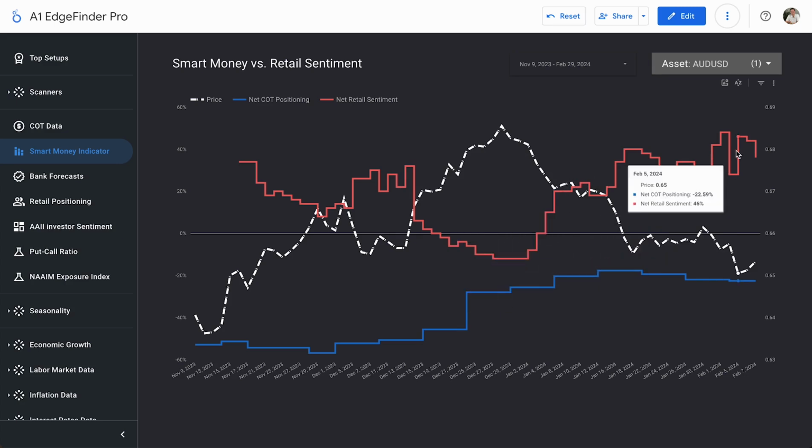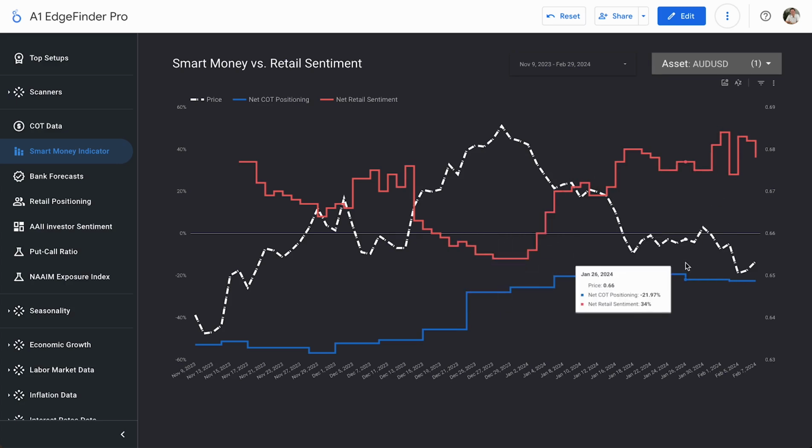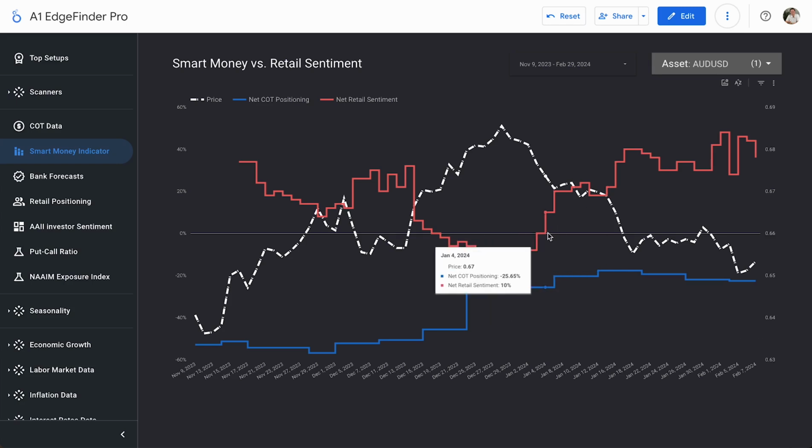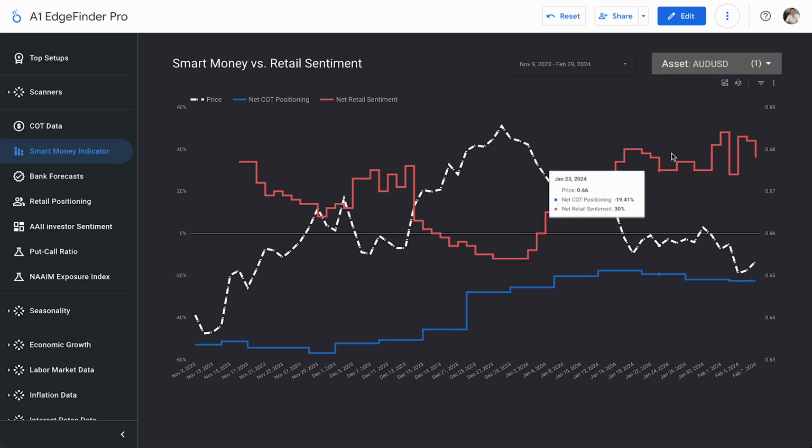The reason that we like to compare what retail and COT is doing is because smart money traders usually know what they're doing in the markets, and they make a lot of money from trading, right? Whereas retail traders, the unfortunate situation is oftentimes they lose money in the markets.